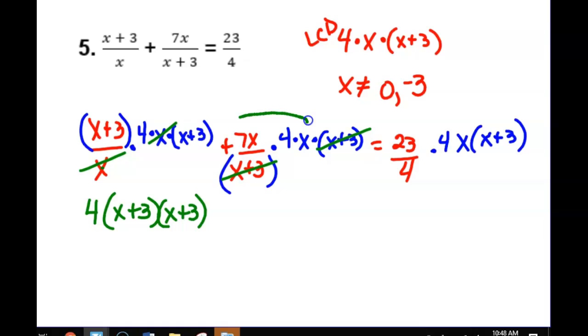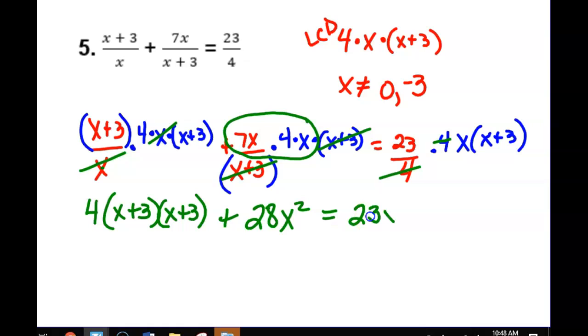That I think I can simplify. What is that, guys? 28x squared. Okay, and over here, only the 4 divides away. So I have a 23x and an x plus 3, which I'll distribute in a second. Okay. What happens when I FOIL x plus 3 times x plus 3?